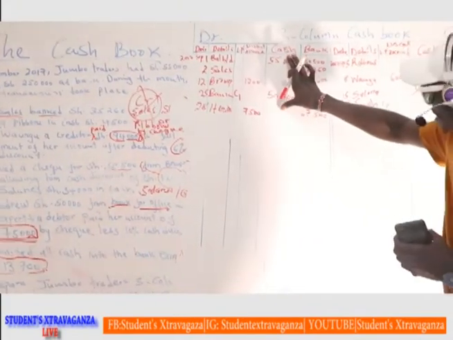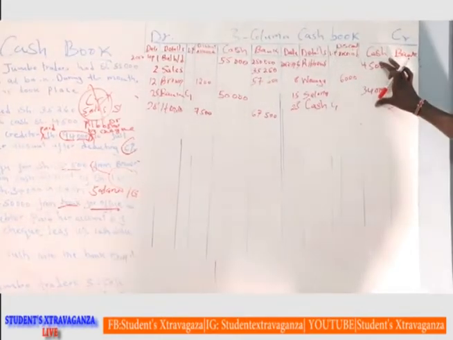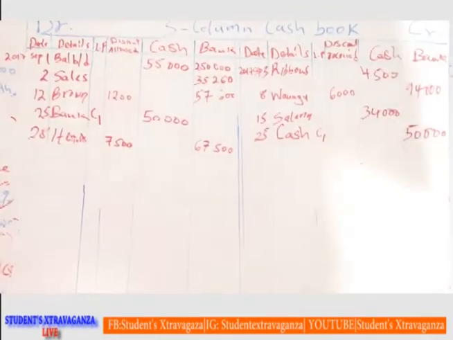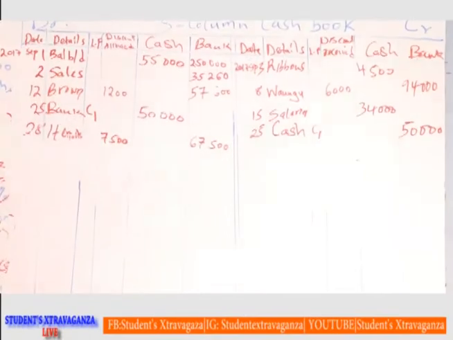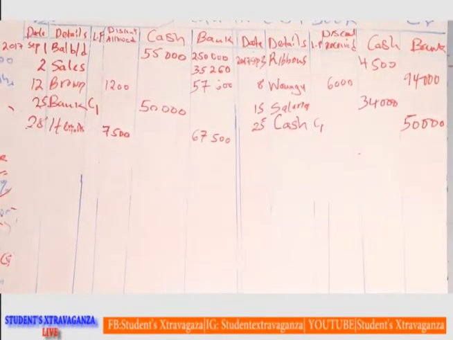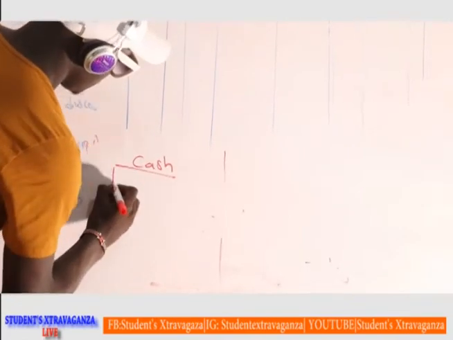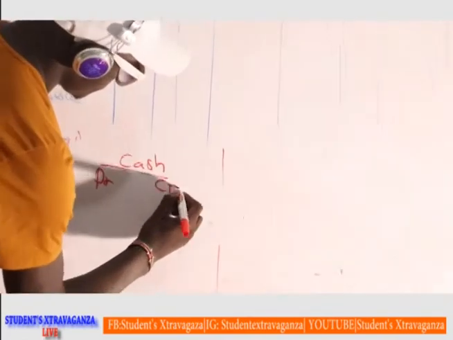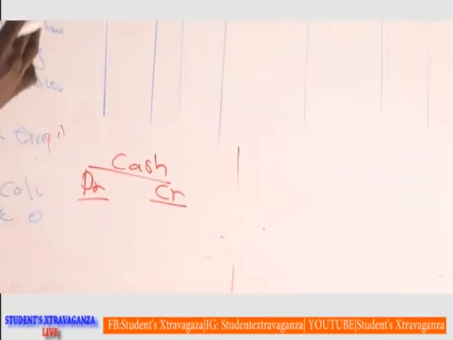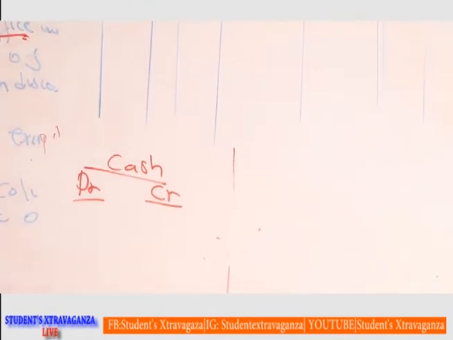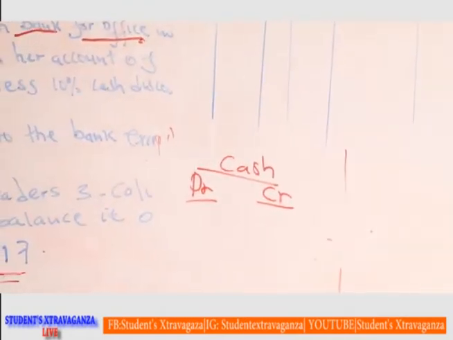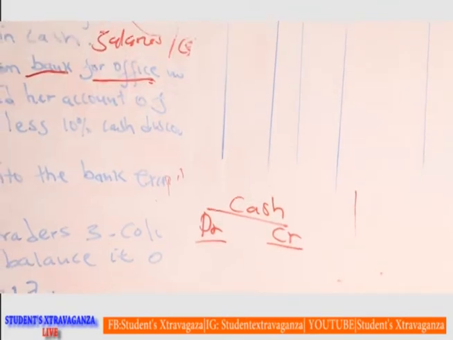This is the cash that we have. This is the cash that we have used. So let's see. We have cash on the DR side and one on the CR side. We want to compare the two. Then we see the cash that we have, the current cash.